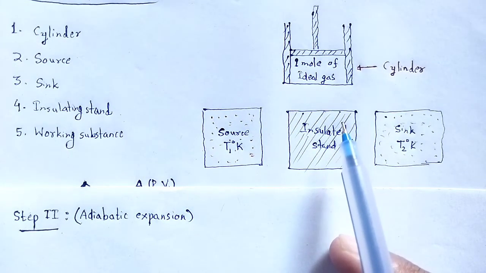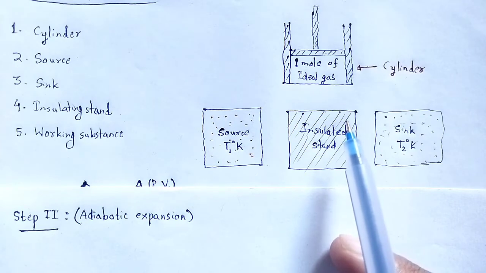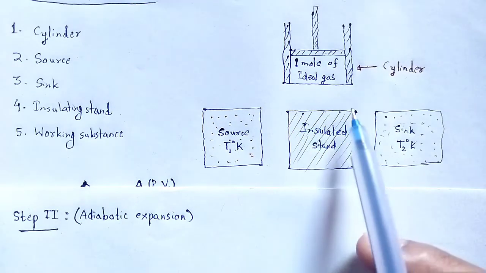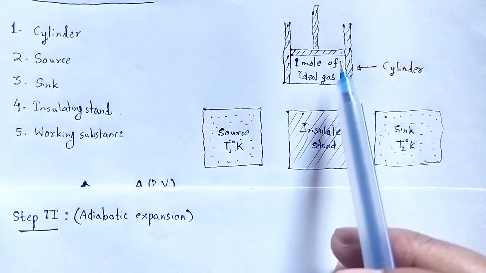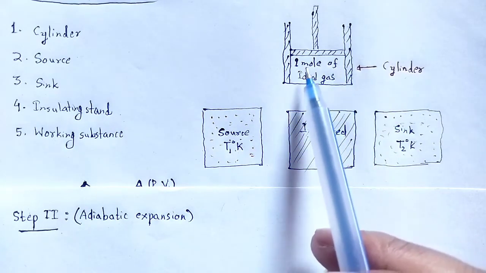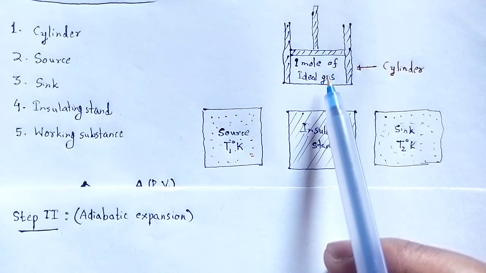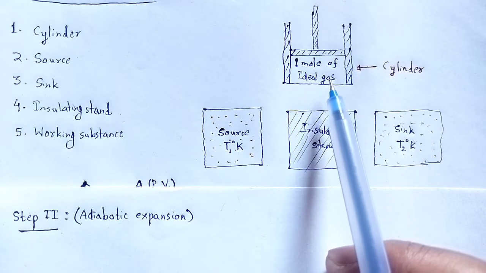Now the gas is completely thermally isolated from the surroundings. Since it is an insulated wall, inside the cylinder we consider 1 mole of gas, and that gas is completely thermally isolated from the surroundings.